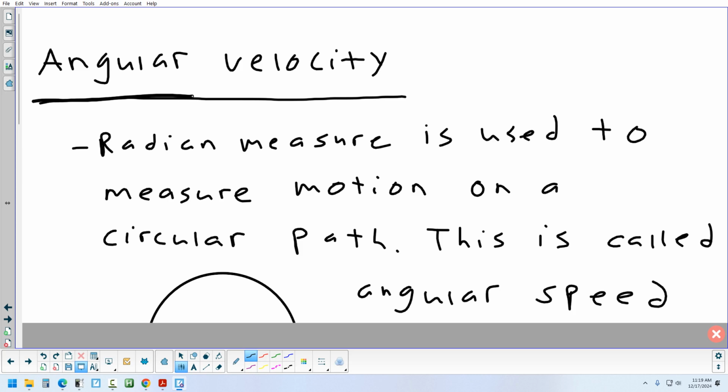We did a few of those in the homework, like a quarter revolution, and we had to convert to degrees. We don't use revolutions as much to describe an angle. We normally would say degrees or radians, but you can. So angular velocity is used to measure the speed of something that we could measure using an angle. What can we measure using an angle? Something spinning, moving on a circle. So angular velocity measures the speed of something that's rotating or spinning.